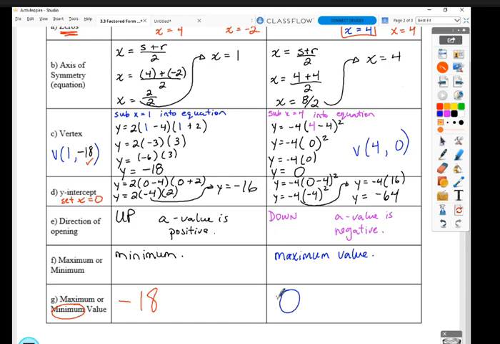Some people might go ahead and say a max value of 0 at x equals 4, because that's where the maximum value exists. It's 0 at x equals 4. And same with over here. Say something like, the minimum value is negative 18 at x equals 1.